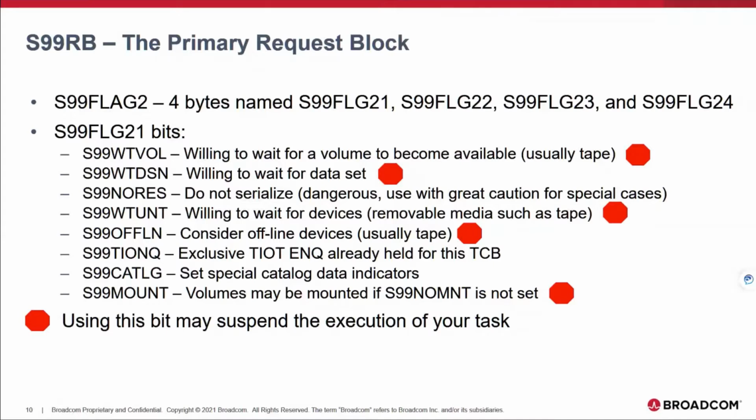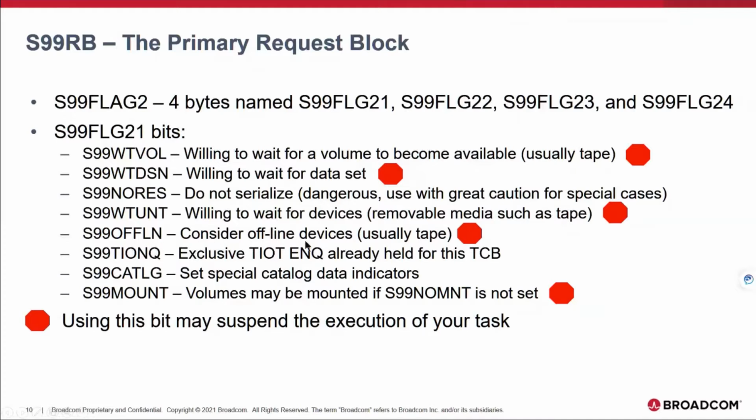And then if you need a tape drive and you've got this flag turned on and you try to allocate a tape and there are no tape drives available, then it will issue a WTO to the operator saying, hey, this job needs a tape drive. And the operator can look around and say, oh, here's one that's not being used on this system. I'll vary it offline over here, and I'll vary it online on the current system. And then reply to that allocation message saying, here, use this device. So it's just a way of not failing jobs just because certain devices are not available.